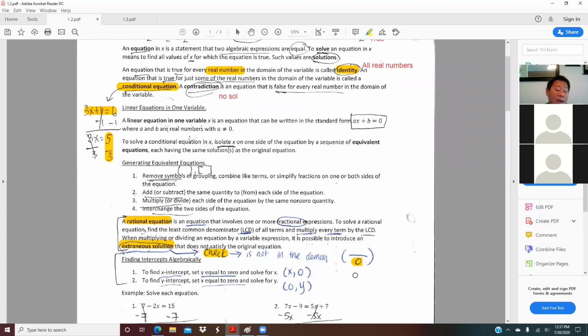So that's the reason why when you do all the questions that have x in the denominator, you have to check it. And how do we check it? Plug the number into your denominator and figure out, does that make it 0 or not? If it's not making 0, good. That means this is not an extraneous solution. If it does make it 0, then it's an extraneous solution. You have to reject that answer.